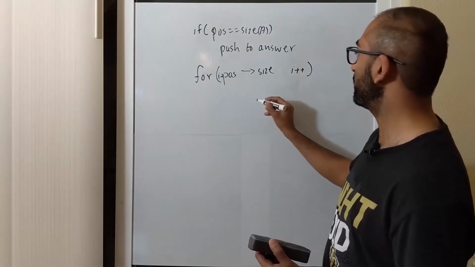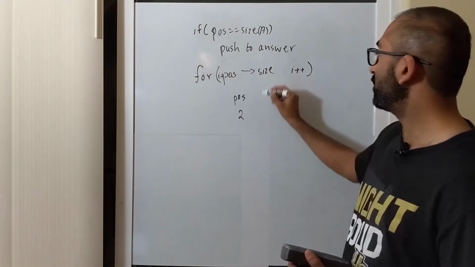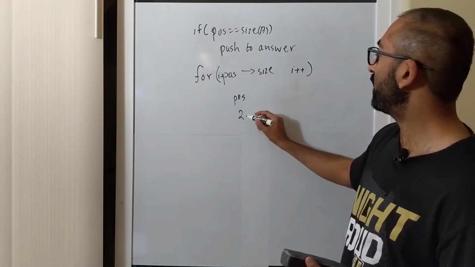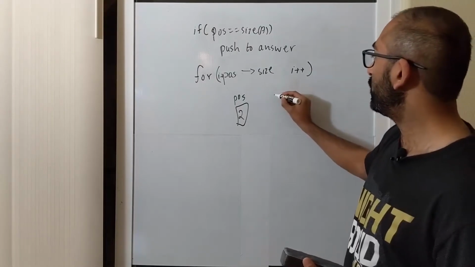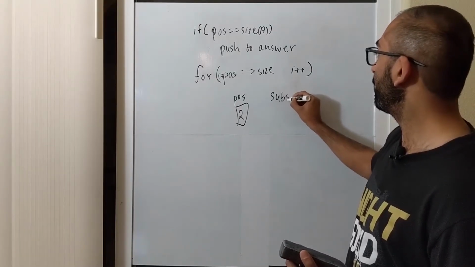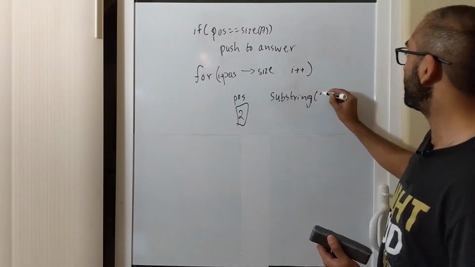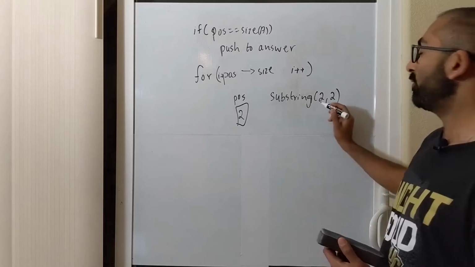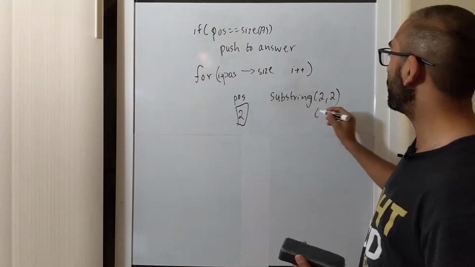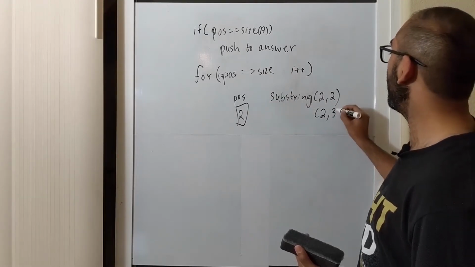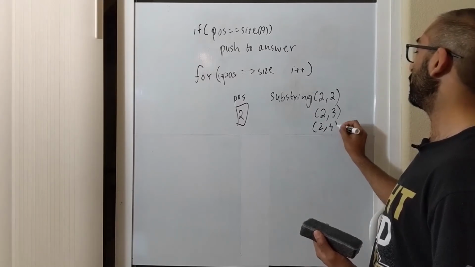Okay, so what happens here is, let's say that your position is 2 and the value of i is 2. You will start by checking whether the substring which starts at 2 and ends at 2 is a palindrome, and then in the next iteration of the for loop you're going to check if the substring that starts at 2 and ends at 3 is a palindrome, then the one starting at 2 and ending at 4.